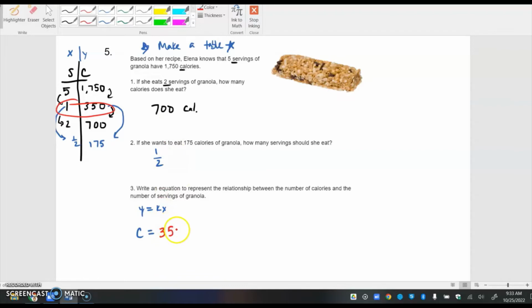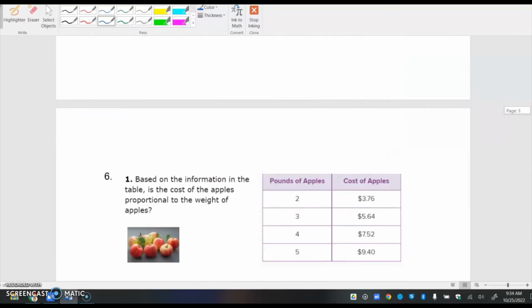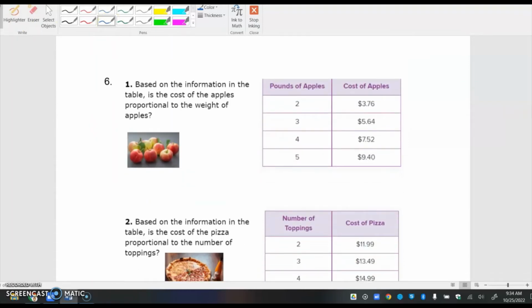So 350 times the number of servings will tell you how many calories you have. Of course, you could flip that around like we did in the previous problem. So you could also say something like S is equal to 1/350th C, but I think this is probably the more common one that you'll see. Okay, moving on to number 6.